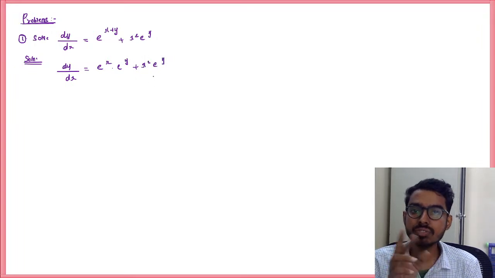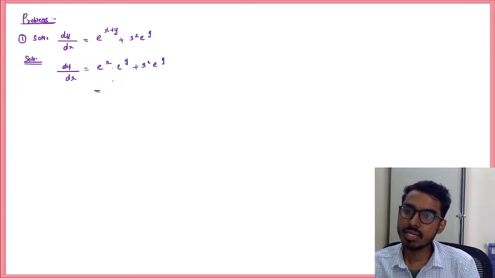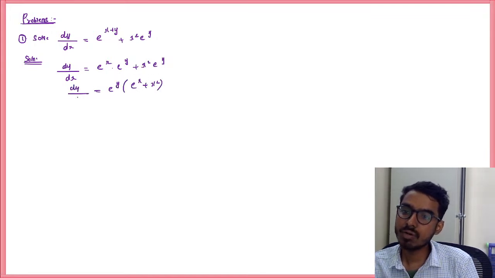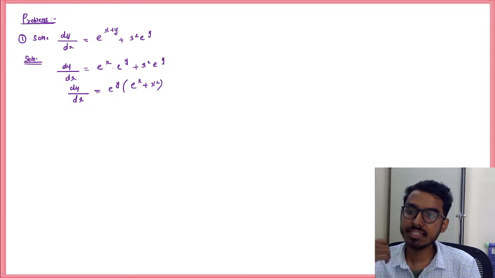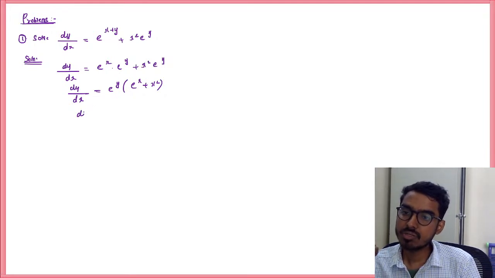First, you have to separate the variables. If you take e power y outside, we will have e power x plus x square. Here we have dy by dx, so I'm going to bring all the y's and dy's to one side, x and dx to the other side. So we will have dy by e power y is equal to e power x plus x square dx.